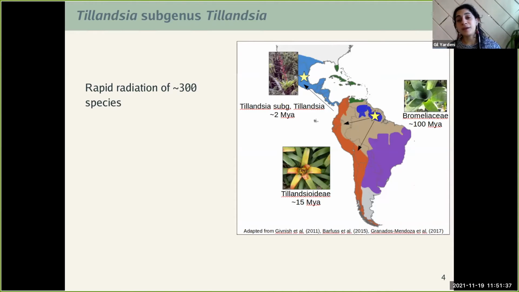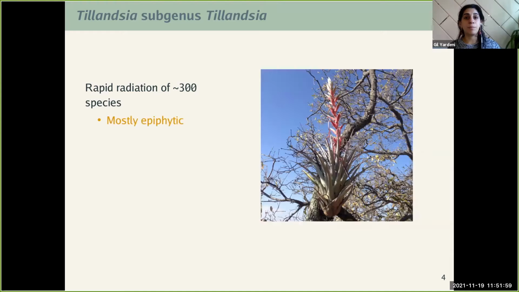The subfamily diversified in a way that is correlated with the uplift of the Andes. And the subgenus Tillandsia expanded into Central America around 3 to 2 million years ago with a closing of the Panama Isthmus. And members of this group are mostly epiphytic, and they are very diverse.